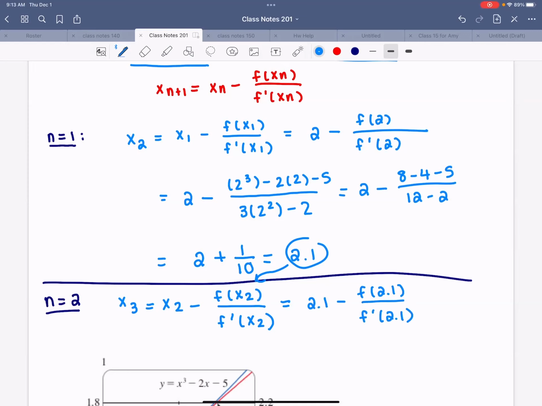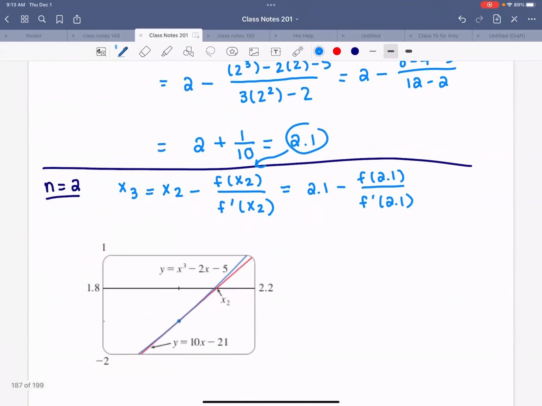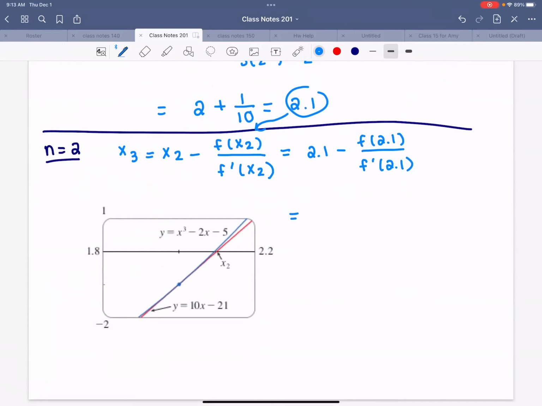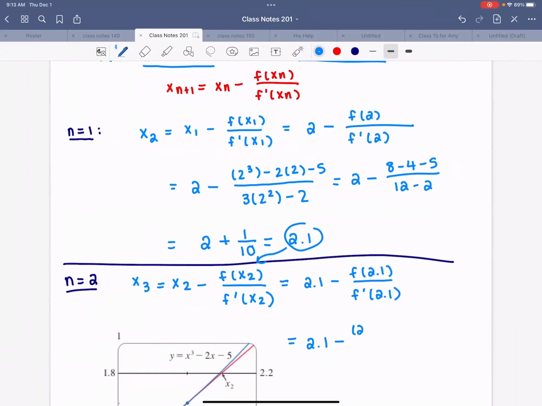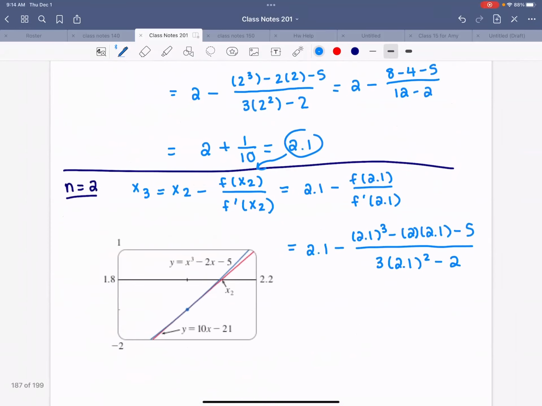Now everyone's checking me because they don't trust me anymore. That is true. So this becomes 2.1 cubed minus 2 times 2.1 minus 5. The bottom is 3 times 2.1 squared minus 2. I'm going to put you guys to work.